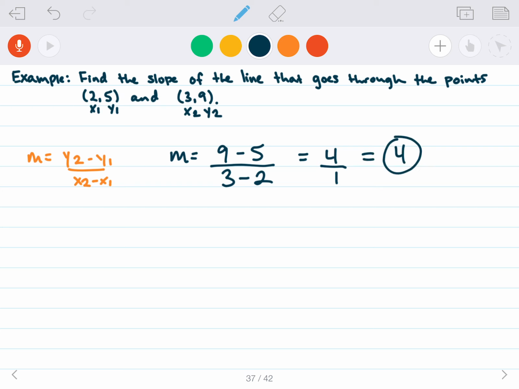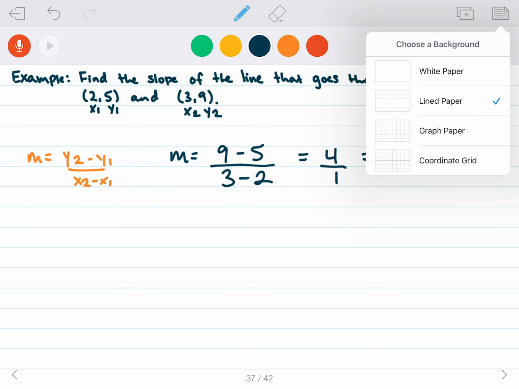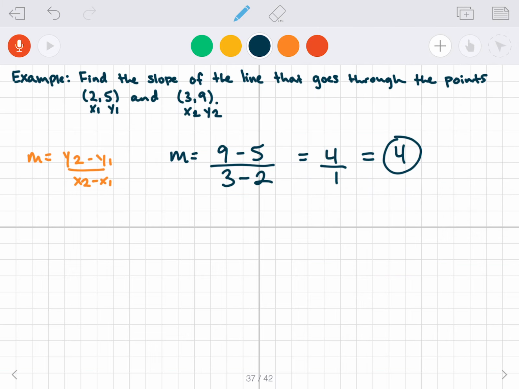Now, I could have seen this with the graph too. I could have gotten the same result from the graph. So let's plot these points so I can show you. So x1, y1 is at 2, 5. So 1, 2, 1, 2, 3, 4, 5. That's our first point. And then our second point is at 3, 9.